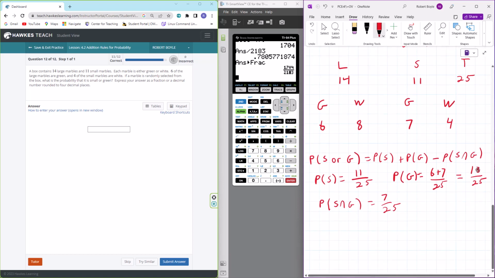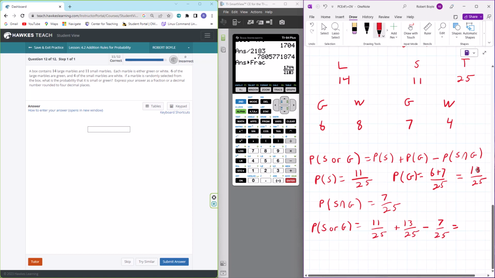So the probability of a marble being small or green is going to be equal to the probability of a marble being small, 11 over 25, plus the probability of a marble being green, 13 over 25, minus the probability of the marble being small and green, 7 over 25.